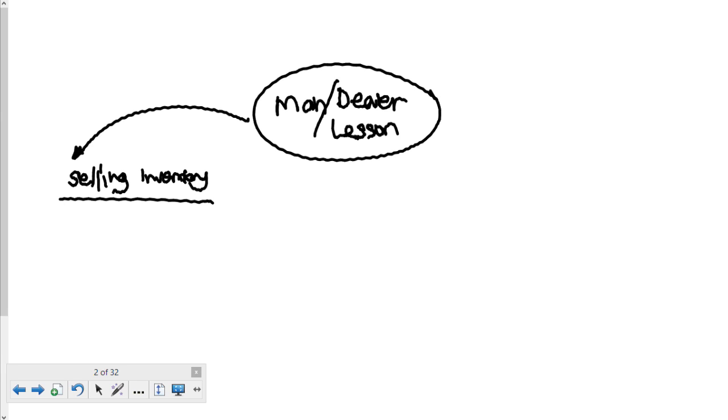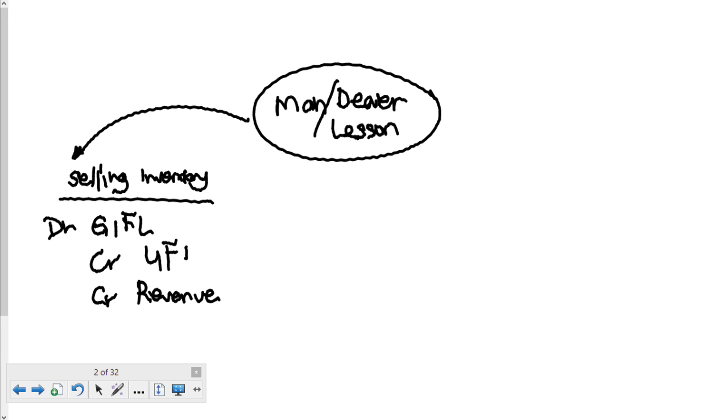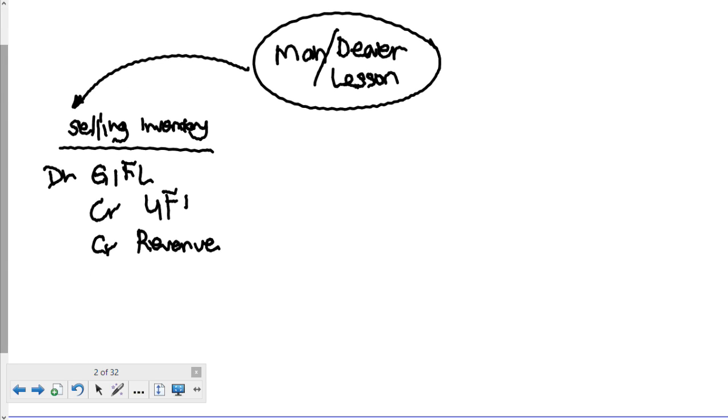We debited gross investments in finance lease and then we credited PPE, is actually going to be an entry where we're going to debit the gross investments in finance lease, credit unearned finance income, and credit revenue, because I have sold an asset, yes? And I've sold it and I haven't yet received the money, so I have a receivable. And then I'm going to have an extra entry, which is when I debit cost of sales and credit inventory.